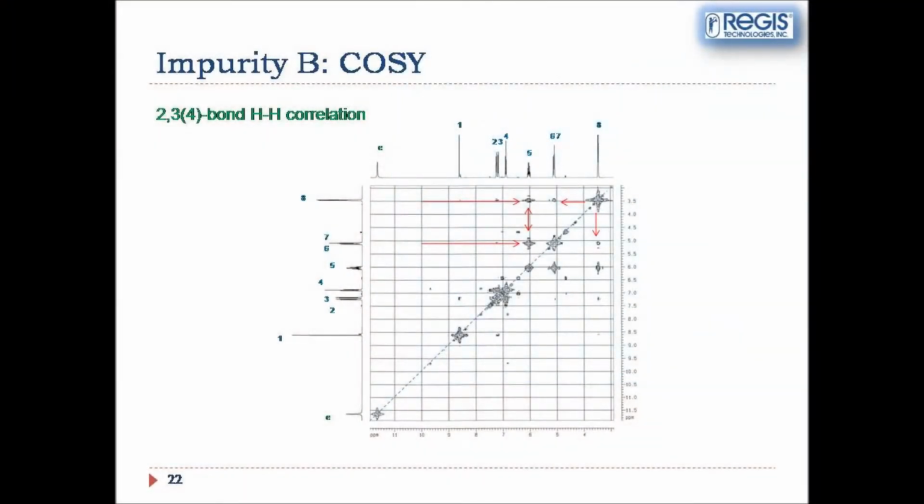And when we analyze the spectrum, we can identify that proton 8, for instance, correlates with proton 5, and also to proton 6. Protons 6 and 7 both correlate to proton 5, and so on. And again, I would mention that the signals on the diagonal are basically useless because they represent themselves.